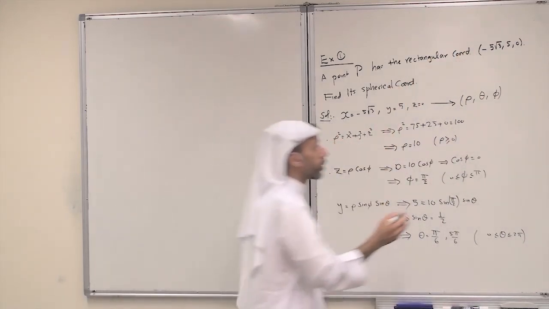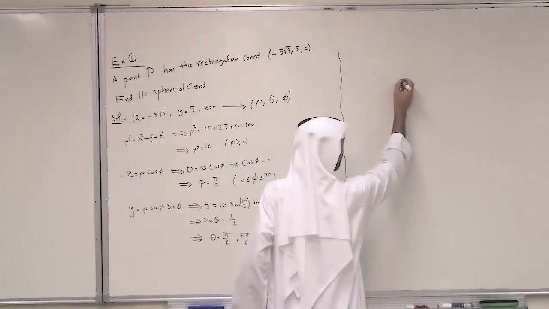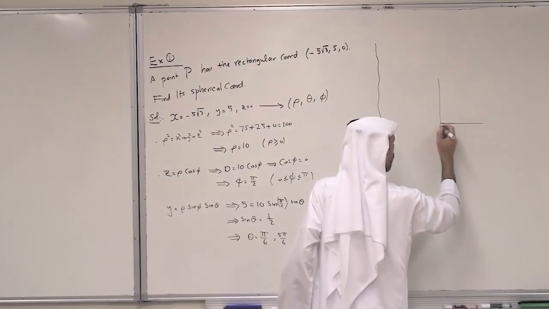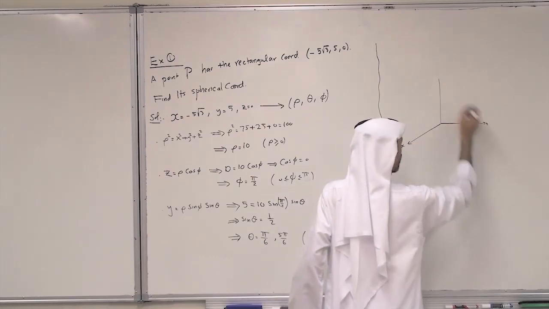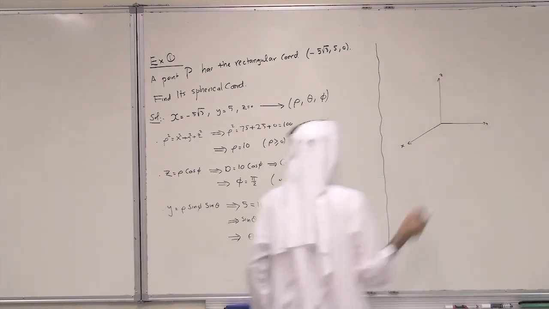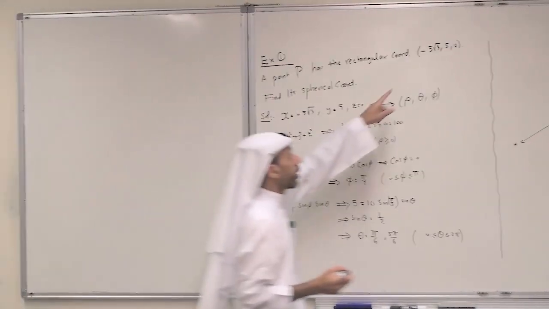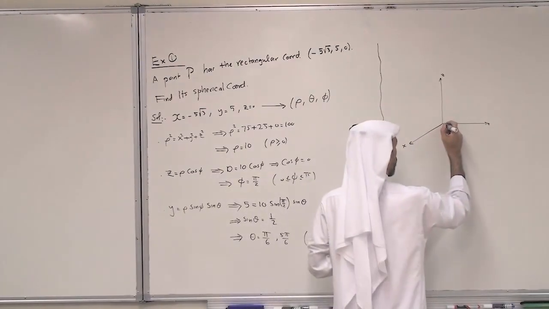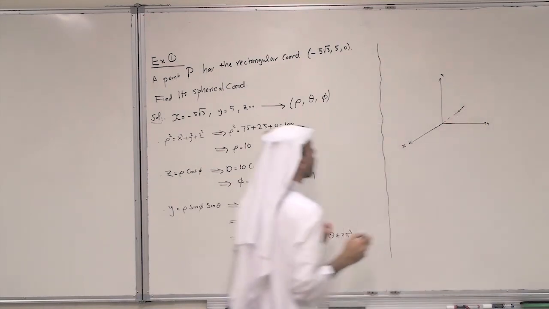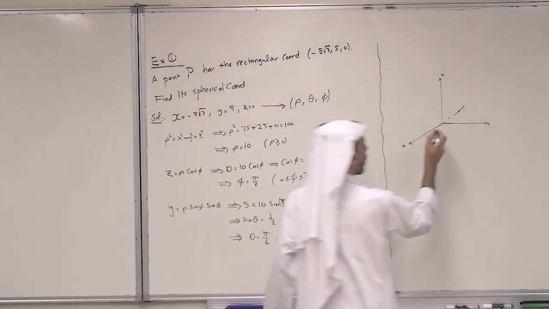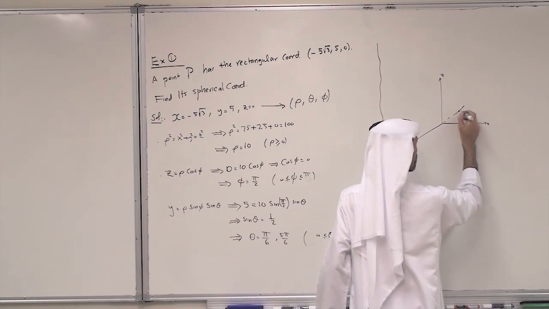If you locate this point here, so this is x, and this is y, and this is z. So x is minus 5 root 3, so this is x equals minus 5 root 3, it is negative, and y equals 5, and z equals 0.